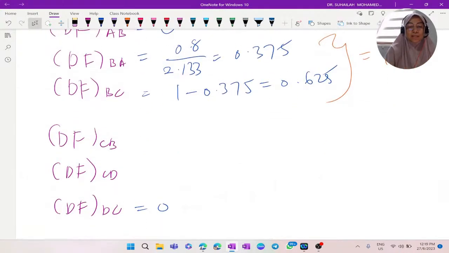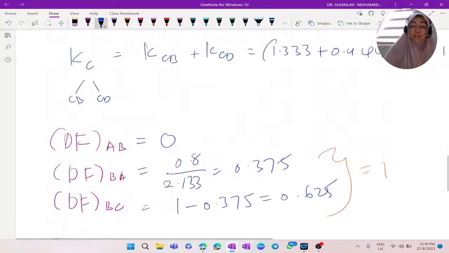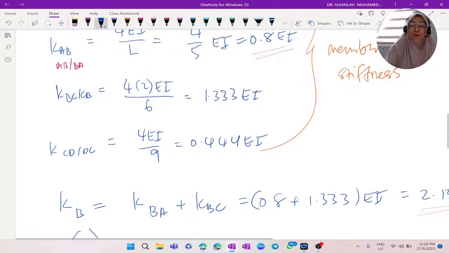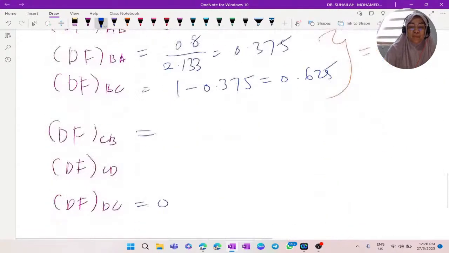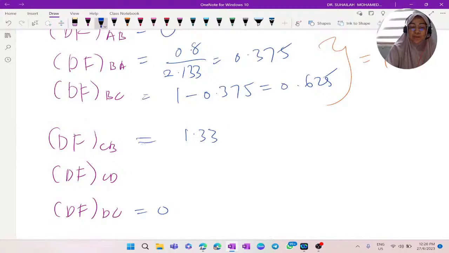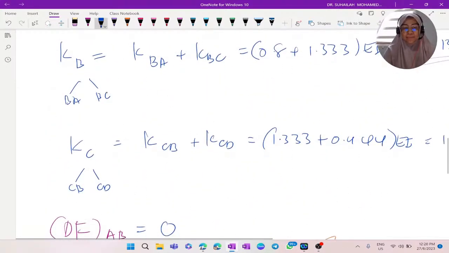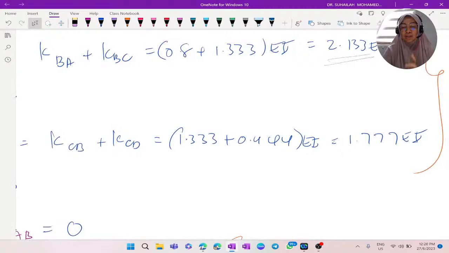For CB, it is KCB divided by KC. KCB is 1.333, divided by KC, which is 1.777.